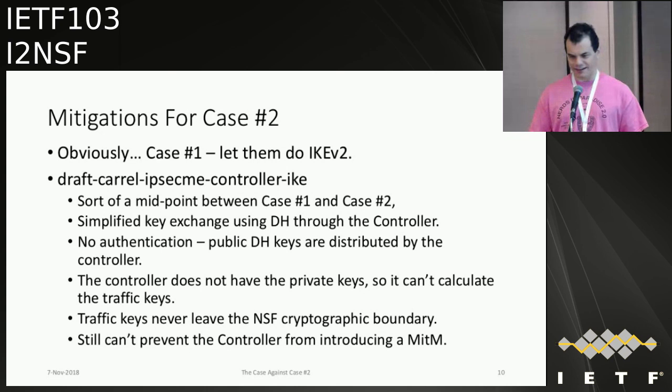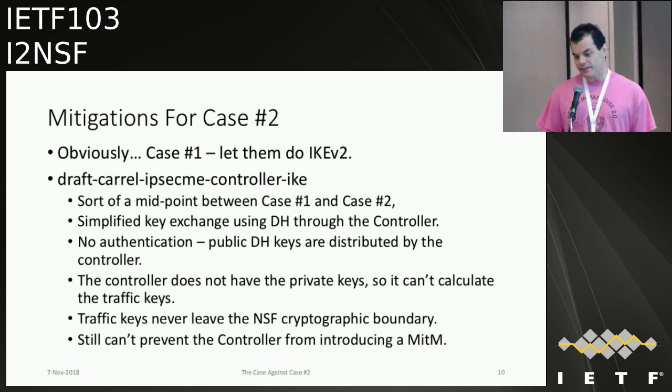But the other thing is we have draft-carrel-ipsecme-controller-ike, which we'll see presented immediately. It's somewhat of a midpoint. It uses Diffie-Hellman to negotiate the keys between the NSFs. So the SDN controller never really gets the traffic key. It stays within the cryptographic boundary, so that's a good thing.